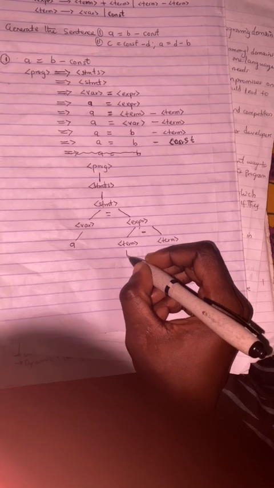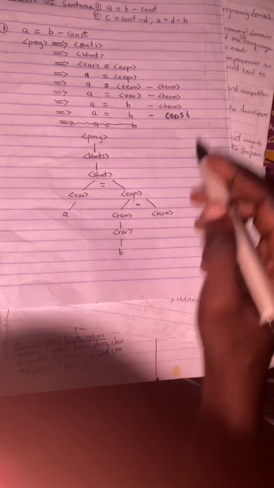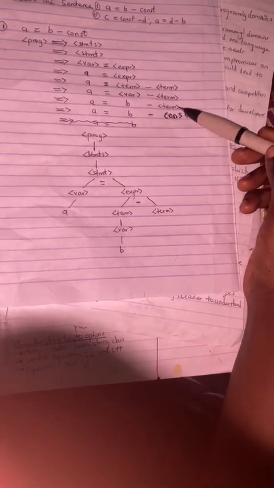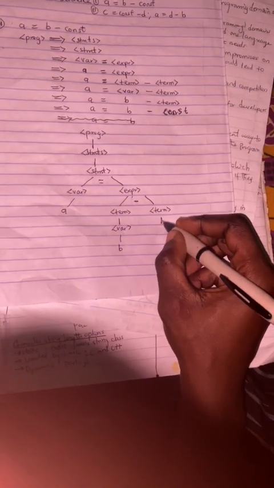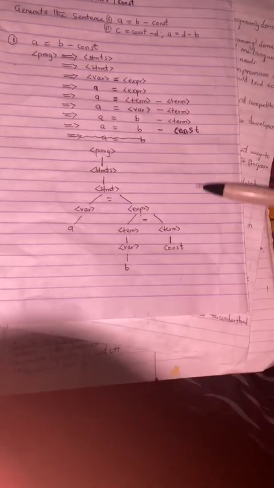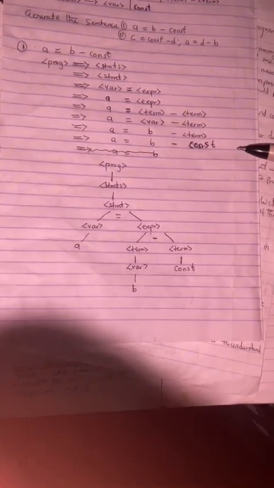So open up to var, and then this var gave us B. Remember, we are not repeating any one, just one at a time. Now this other term gave us const directly, so we'll come here to const. So this is the parse tree, and this is the statement that we generated for this question.